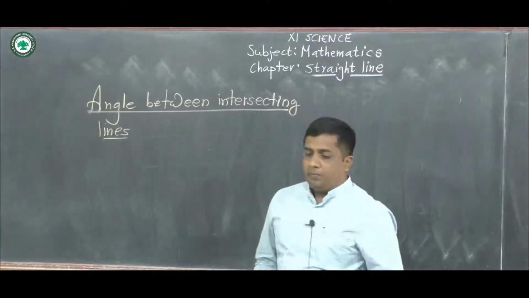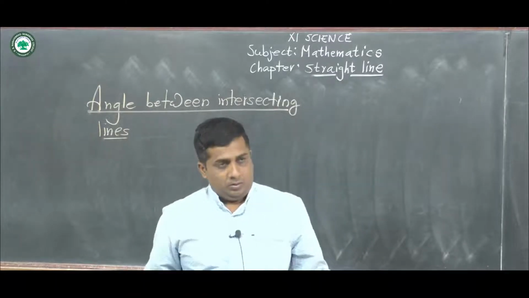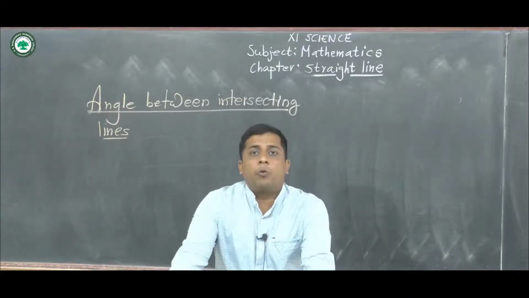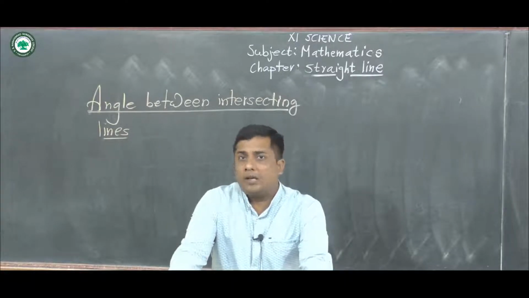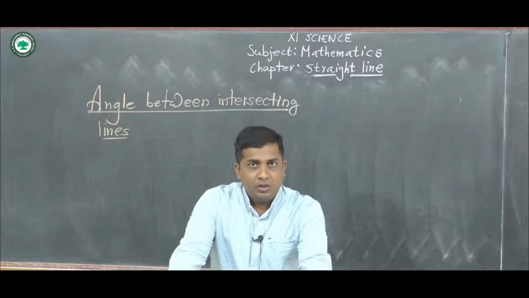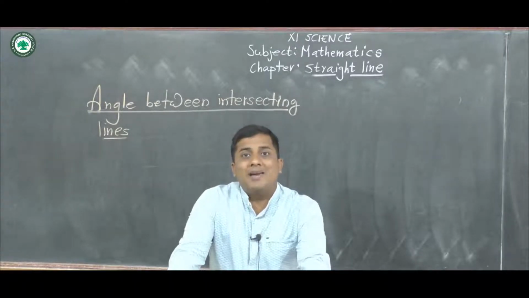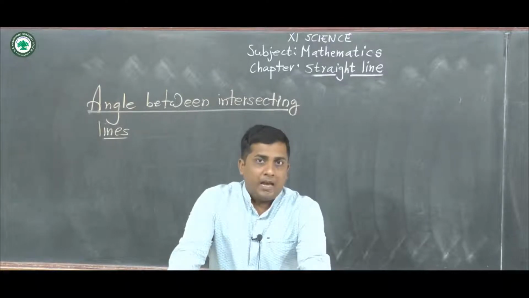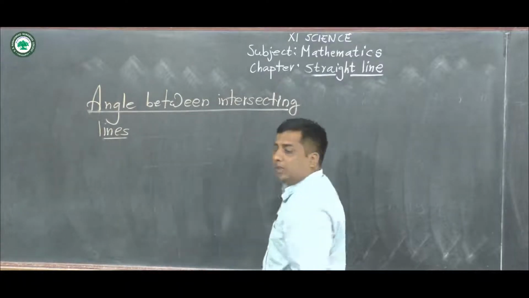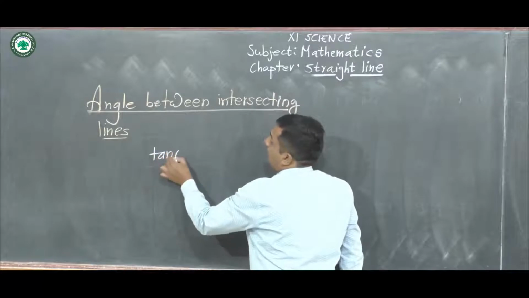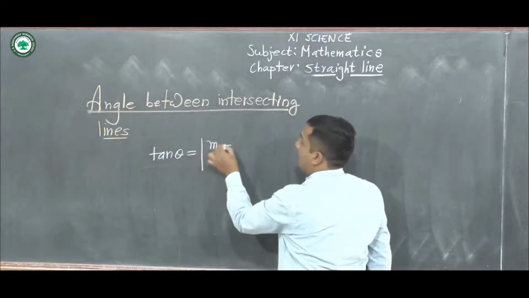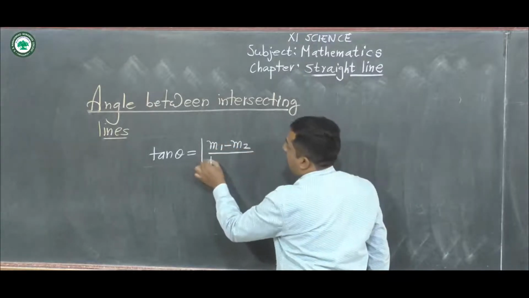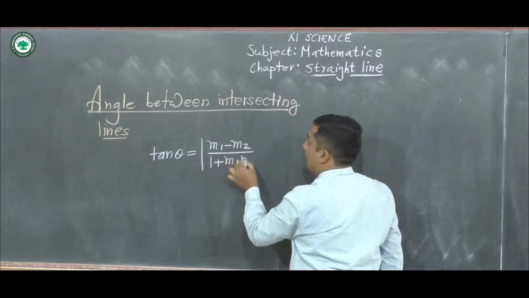Okay, in the previous lecture we saw how to find the angle between two intersecting lines. Here to find the angle, we consider theta as the angle between these two lines, and to find theta we use tan theta is equal to, inside the mod, m1 minus m2, divided by 1 plus m1 m2.